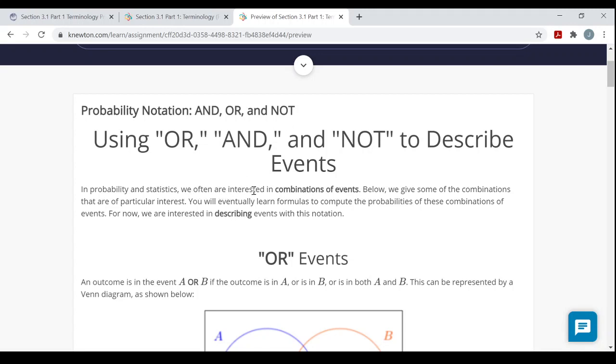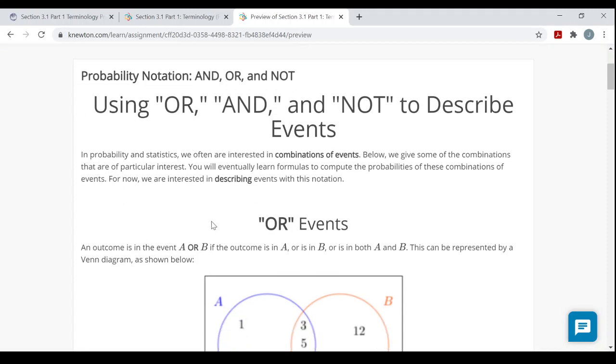We often are interested in combinations of events, or compound events. Below, we give some examples of combinations that are of particular interest. You will eventually learn formulas, not in this section, but later, to compute the probabilities of these combinations of events. For now, we are interested in just describing events with this notation.